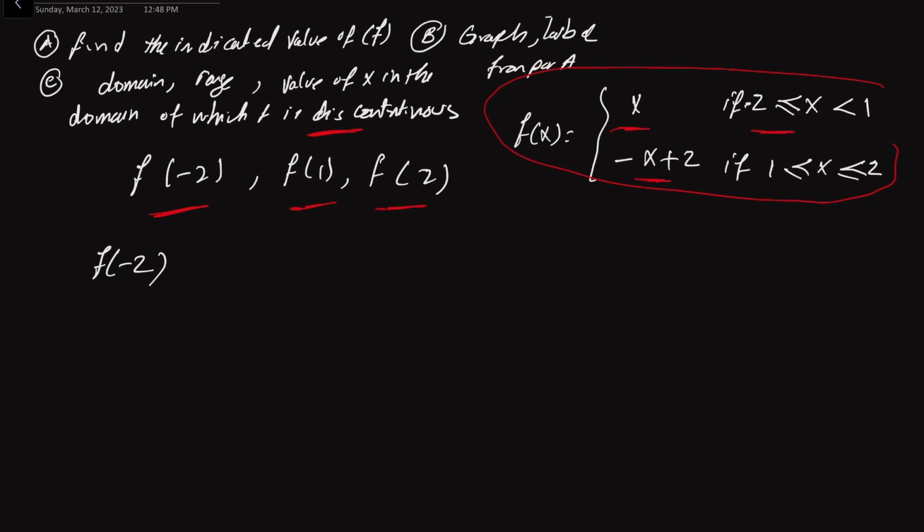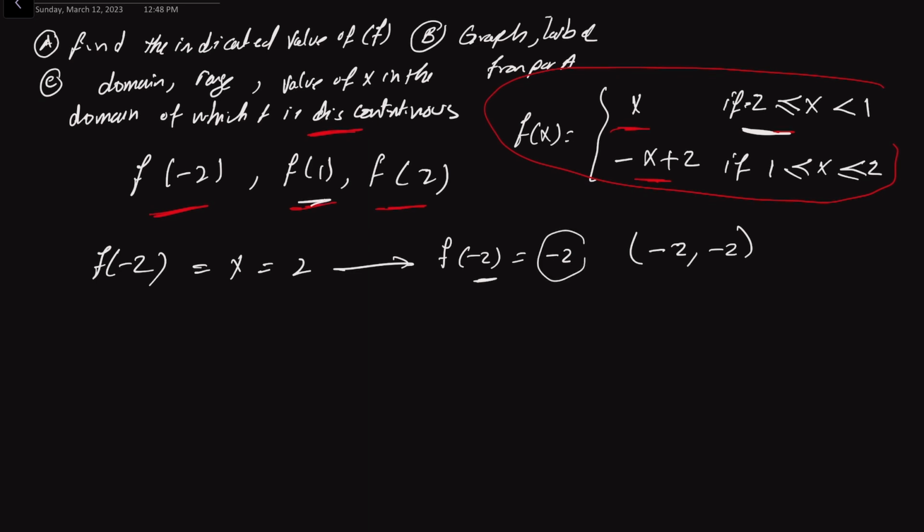If we look at the function, negative 2 is in the first expression, x greater than or equal to negative 2, where f is equal to x. So f of negative 2 equals x, which is negative 2. My first point is negative 2 and negative 2, the x and the y.